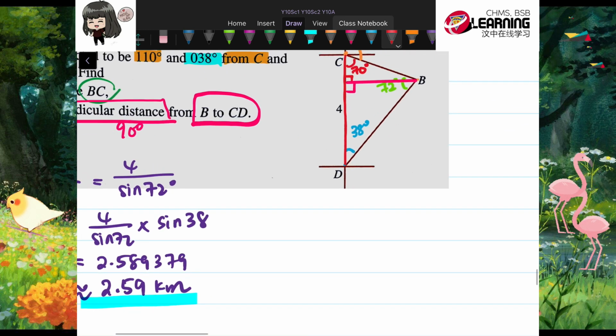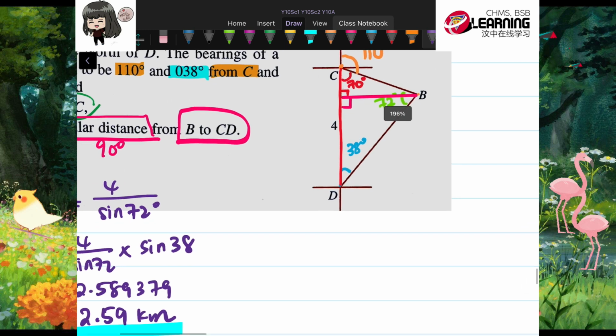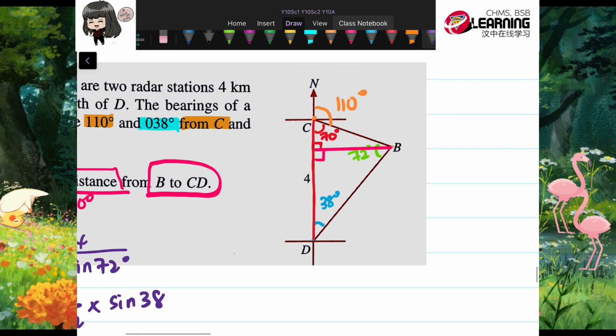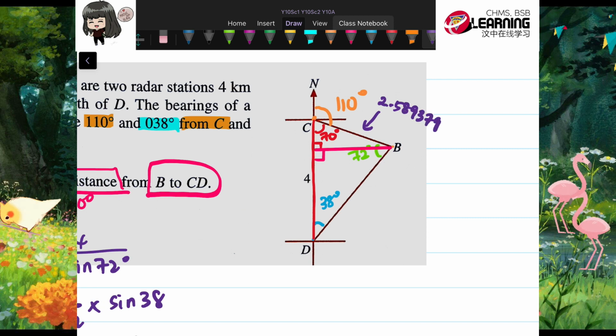If this is 90 degree over here, and we found our BC earlier already, your BC here is, I will use the one that is not rounded off, 2.589379. So how are we going to find this perpendicular distance?